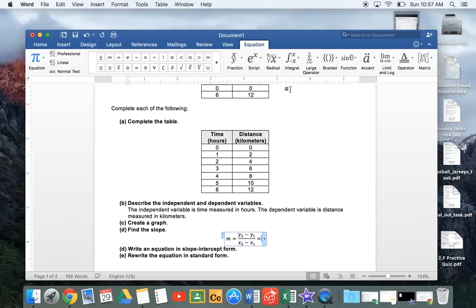And I'm going to take 2 ordered pairs, I'll probably just do the first 2, and put those numbers in.